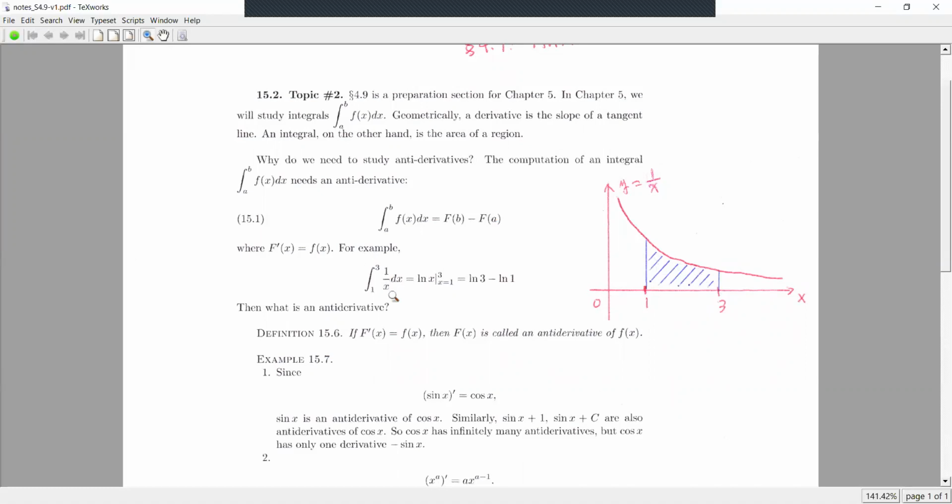Find one antiderivative of 1 over x. Say natural log of x. Natural log of x has derivative 1 over x. Evaluate natural log at the number 3 minus natural log at the number 1. This number is the value of this integral, or the area of this region.